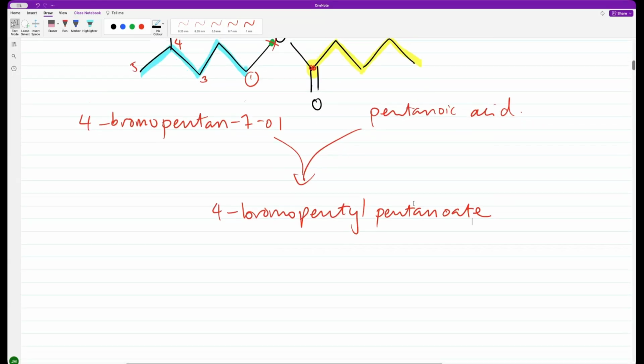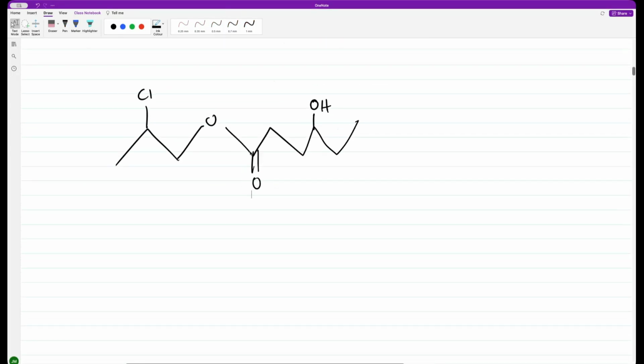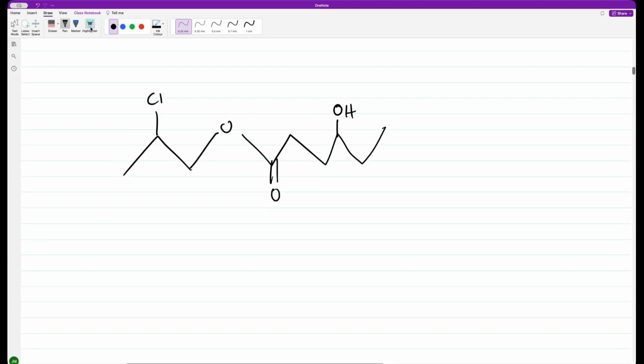Okay, let's try another example. So in this example, we have a chlorine group over here, and we've got a hydroxyl group over here, which is on the carboxylic acid side again. So how do I know that? Well, again, I find the carbon double bond O, which is right here, and I trace back.